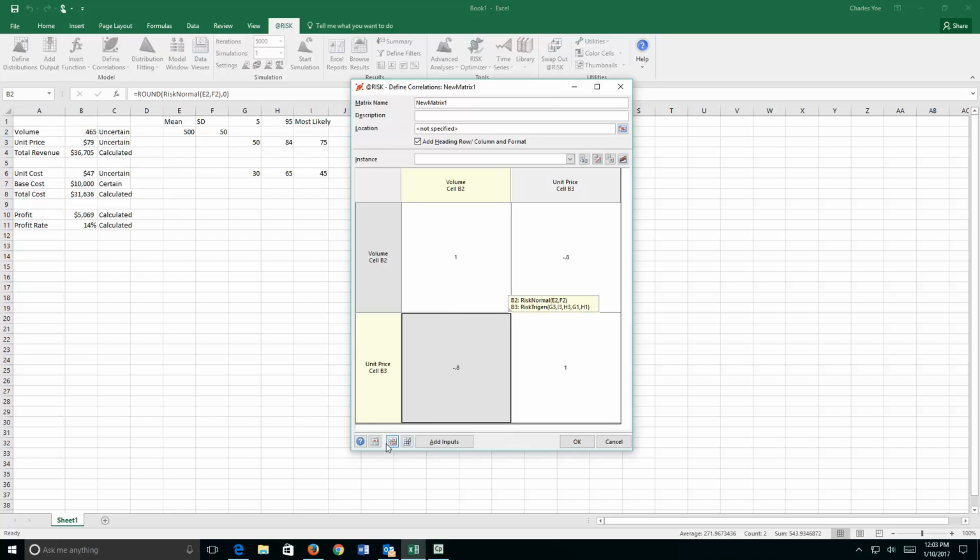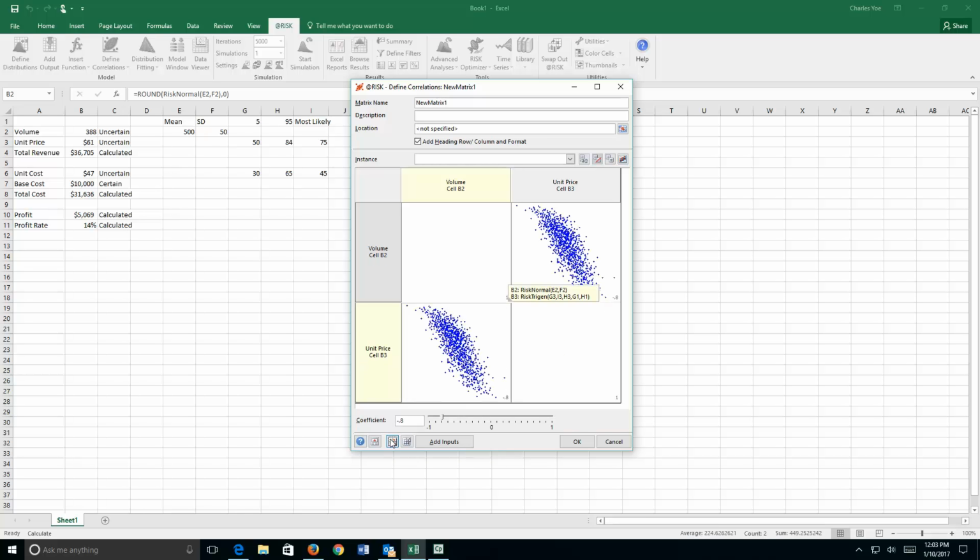If you look at the icons at the bottom of the correlation matrix, in particular, this shows scatter plots, and select on it. This shows you what a negative 0.8 correlation would tend to look like. And we're thinking, yeah, that's pretty much what we're expecting.